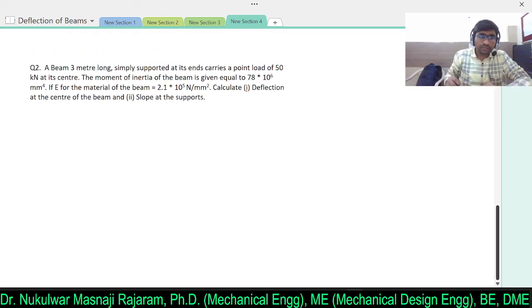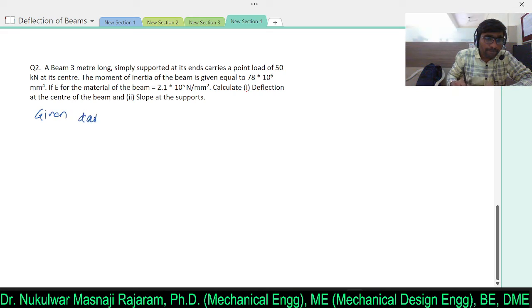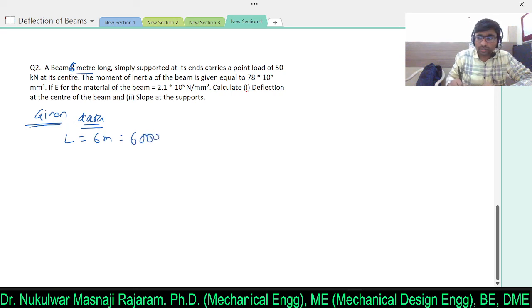Now in this example, what is the given data? Given data I will write first. A beam is 6 meter long. So L equal to 6 meter, or we can say 6000 mm. Simply supported and carries a point load.